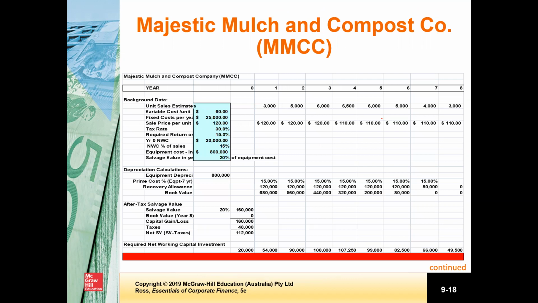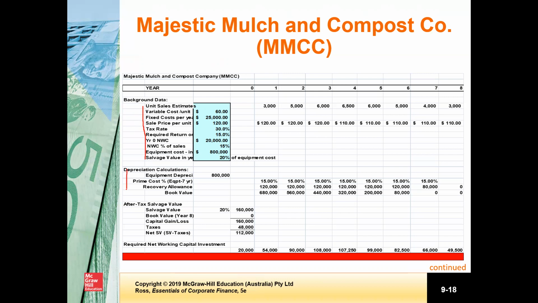Okay, so at a glance, this is the main information that you have. You can see the background information that we have seen: variable cost, fixed cost, sale price, tax rate, investment in net working capital, and your investment in fixed asset, salvage value.